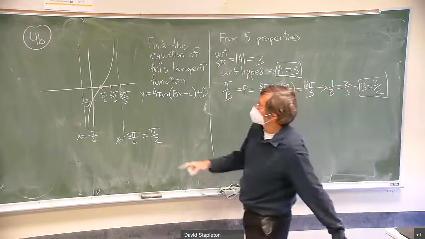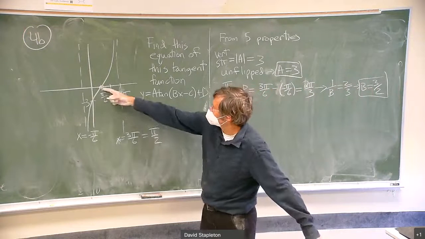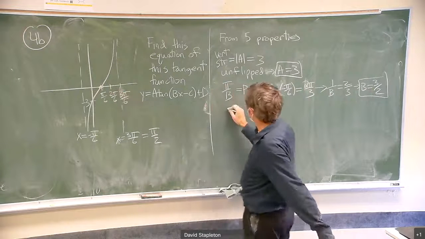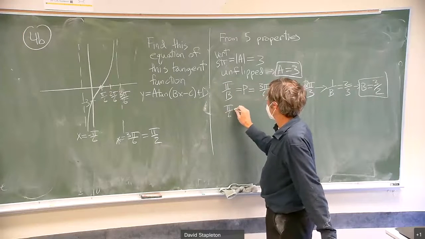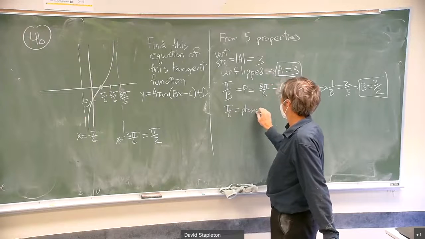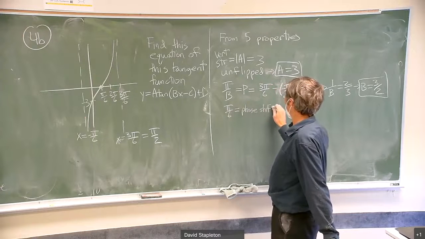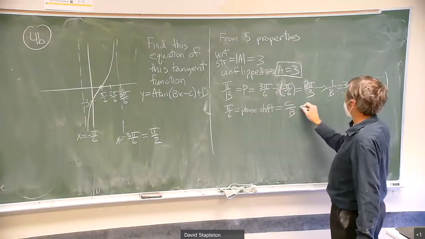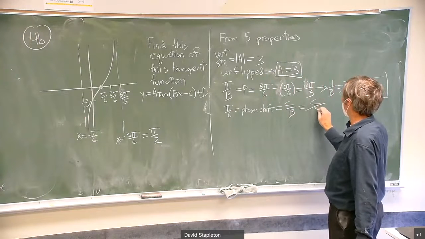Now I can use the phase shift, which is pi over 6. The tangent usually goes through the origin, but it's been shifted over to pi over 6. So pi over 6 is the phase shift, which is c over b, just like with all the other trig functions. And now we know b is 3/2, so this is c over 3/2.